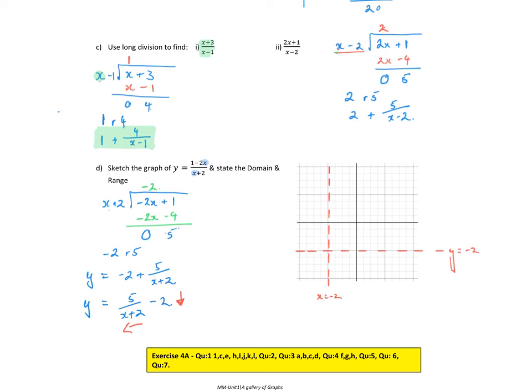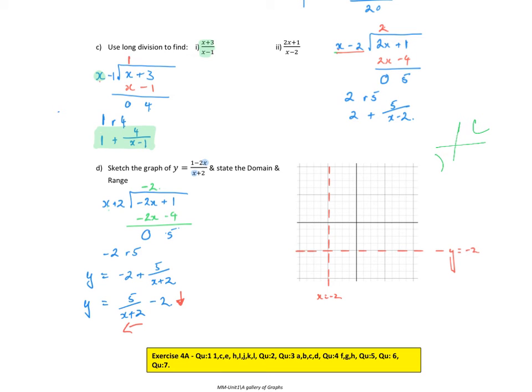Now I know the other key piece of information here, and maybe if you don't recognise it, is actually there's no other key piece really, is we've got a positive x there. So it means that our graph is top left, bottom right.